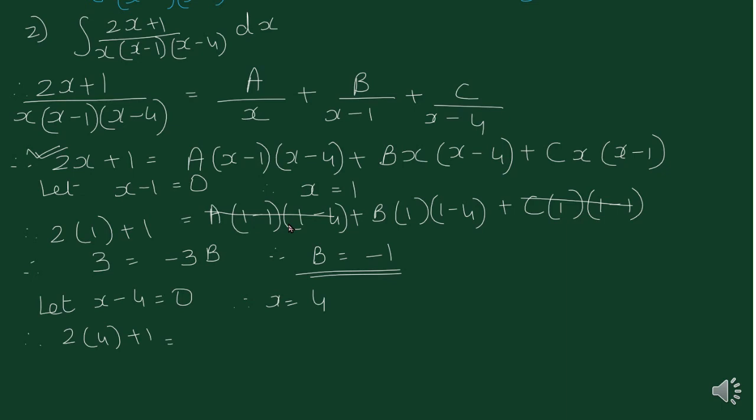Only the c term is left over. So c into 4 minus 1, this way. So 9 is equal to 12c. Therefore, c is equal to 9 upon 12, and cancelling it, we get 3 upon 4. So c becomes 3 upon 4.